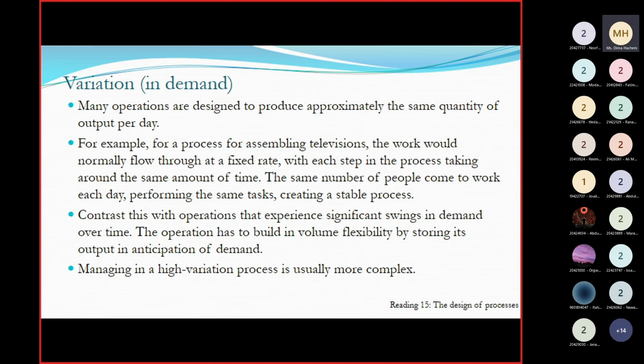Number 3 is variation in demand. What do we mean by variation in demand? Many operations are designed to produce approximately the same quantity of output per day. Okay, so imagine you have a factory. Your factory produces plastic bottles, for example. Your factory has a certain capacity.